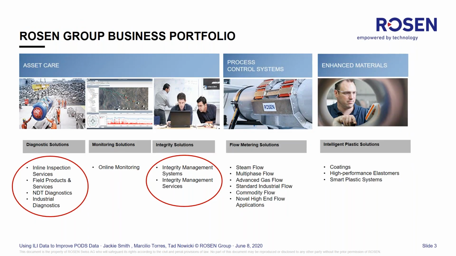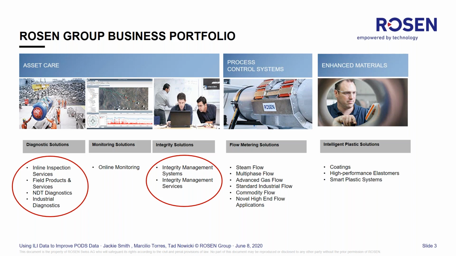Rosen is known in the integrity engineering space for its inline inspection tools, or PIGs, as you may have heard them referred to, an ILI tool. So they're mostly known in this inspection or diagnostic solution area here, this first red circle. There are other areas to Rosen here on the screen. We have process control systems and enhanced materials. However, the group that I sit in is integrity solutions.